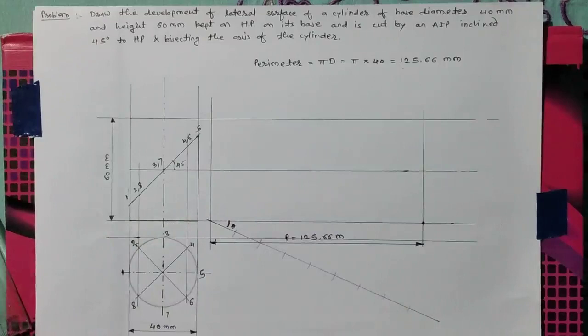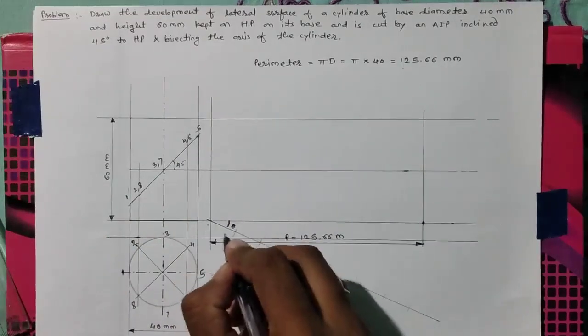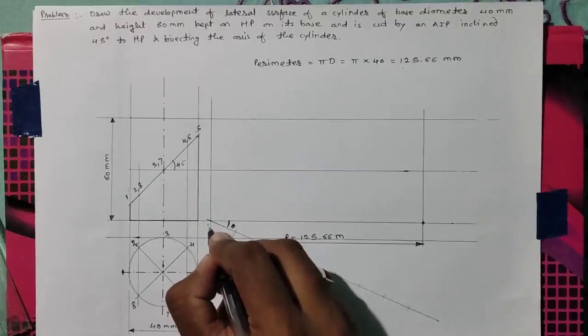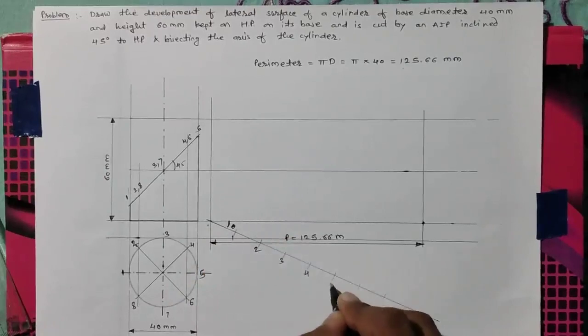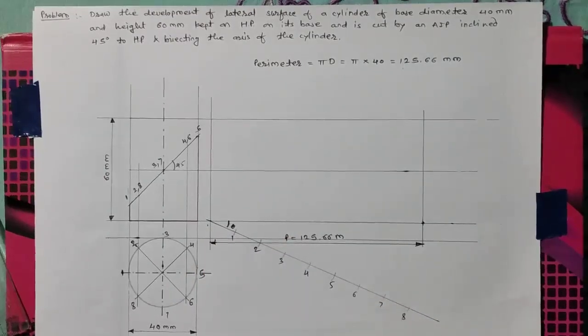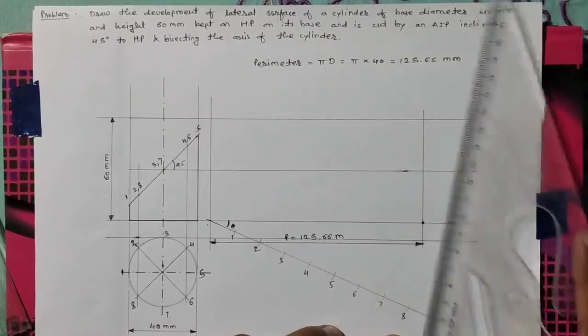We are giving the names: 1, 2, 3, 4, 5, 6, 7, 8. We have divided this into 8 equal parts and joined these parts.